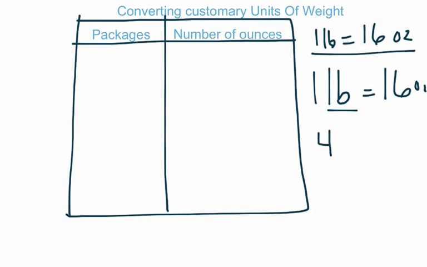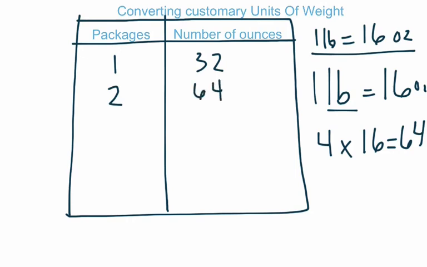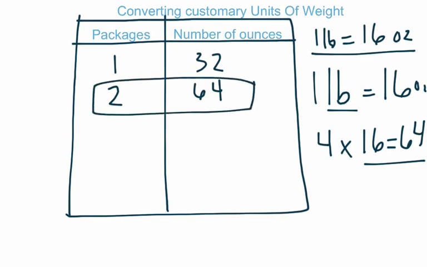So 4 pounds times 16 ounces each pound is 64 ounces, all right? On the table, we realized that the packages had 32 ounces in one package. 2 packages had 64. Since what we need is 64 ounces, she needs to buy 2 packages.